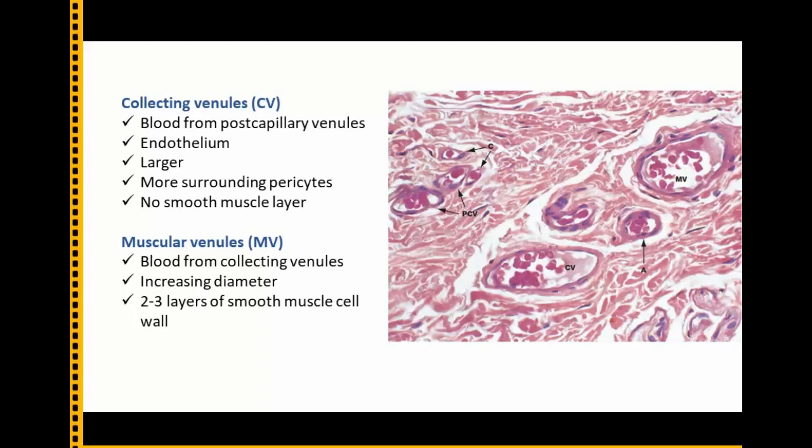This is the site where you start to have some muscular layers, a tunica media. They have 2-3 layers of smooth muscle cell wall. This is a muscular venule. You can see the thickness of the vessel wall is much larger.